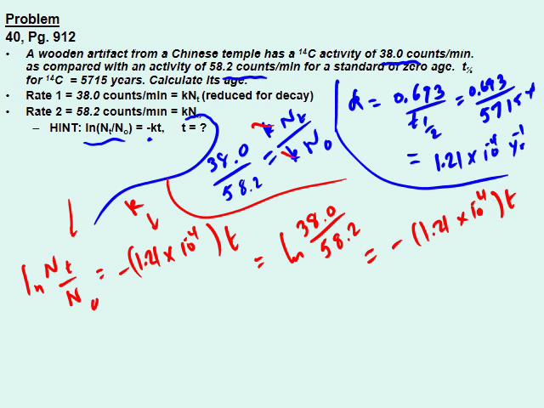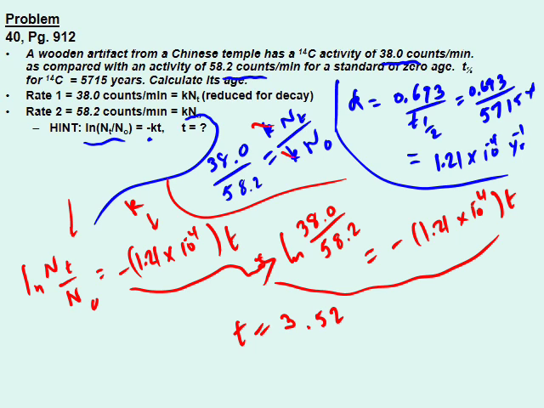And after you solve for t, you're going to get t equals 3.52 times 10 to the power 3 years. So the age of this wooden artifact is 3.52 times 10 cubed years.